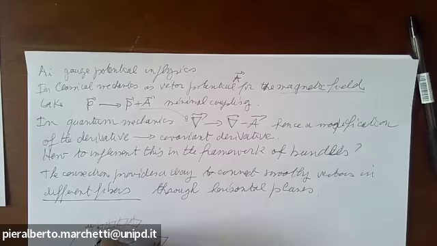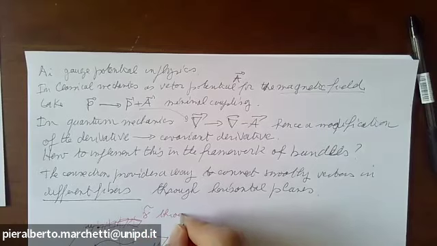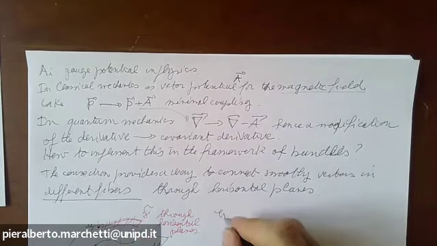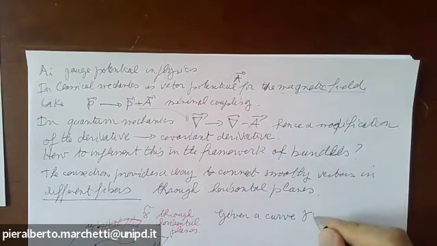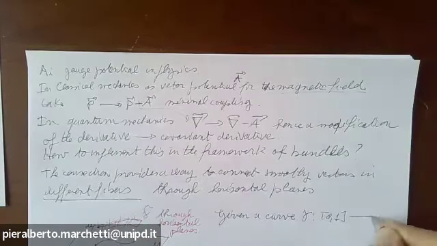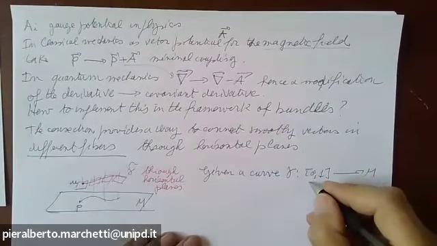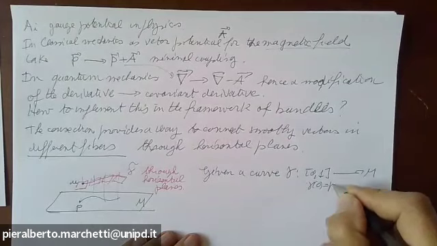So what you can do is, I start from your u, and I make a curve, which is gamma tilde, which goes through horizontal planes. So in formula, given a curve gamma, which is a map from [0,1] to M, with the property that gamma(0) is equal to p.